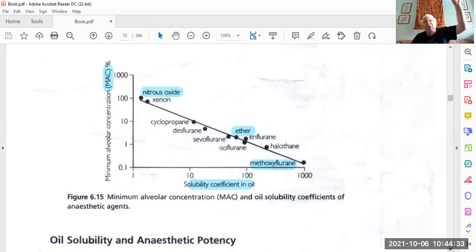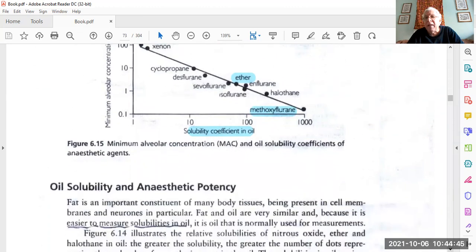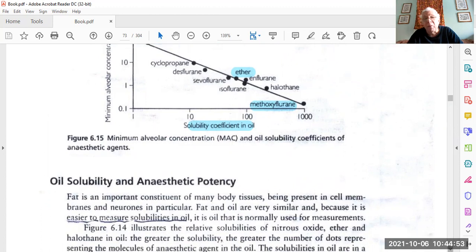If you have a high MAC, you have a lower solubility coefficient, and vice versa. This is what we call the Meyer-Overton theory, which depends upon the idea that anesthetics work by their solubility in oil or in fat.